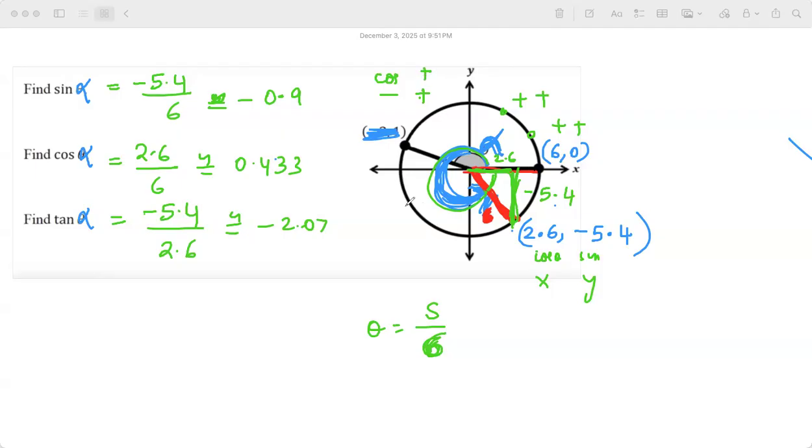Here both will be negative, negative. Any point in this quadrant will be positive, negative. So cos theta will be positive, sin theta will be negative. Does that answer your question, Dhwani? Yeah. So sin is negative, cos is positive.